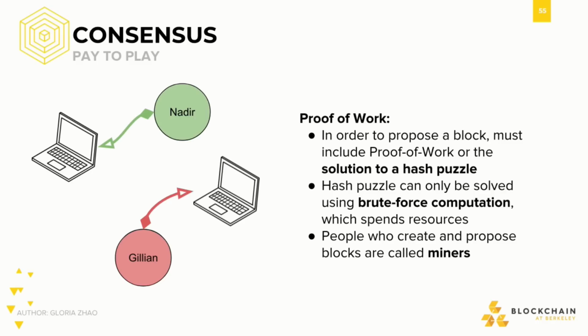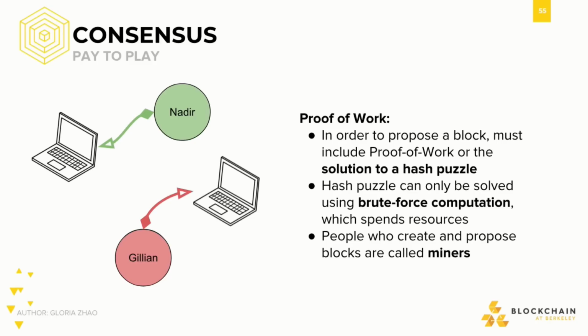This is a cryptographic concept where there are some problems that you can only solve by forcing your computer to just plug in as many numbers as possible and just go through the list. And it takes about 10 minutes to do that, right? And it spends energy and computational resources in order to provide this proof of work.